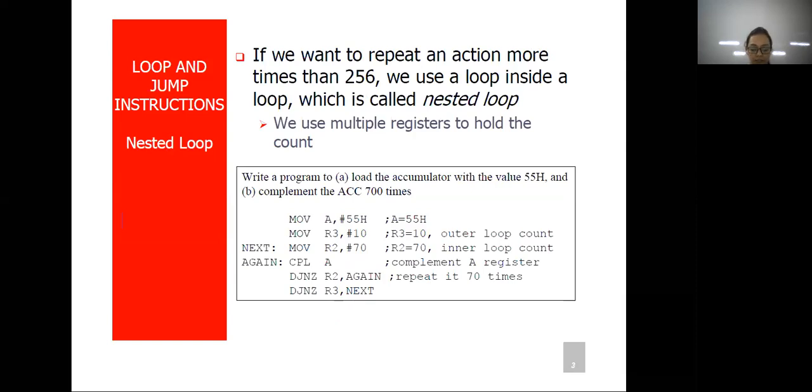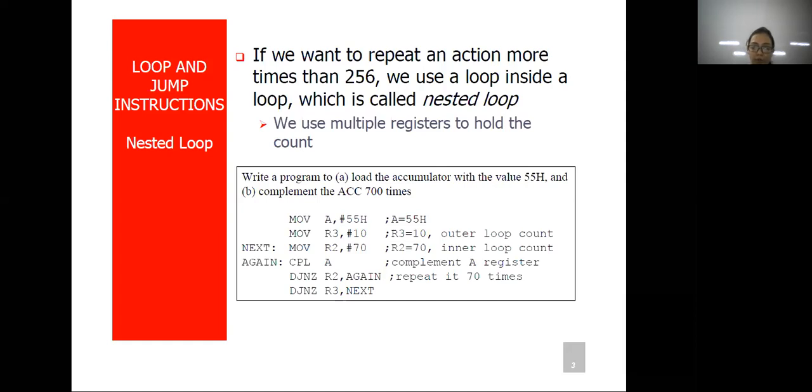Now in our register set A, B, R0, R1, R2, R3, R4, R5, R6, R7, the data limit is only 8-bit. So the maximum count you can load here is from 0 to 255 only.